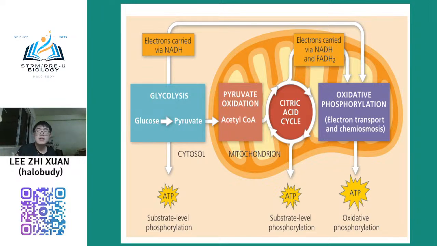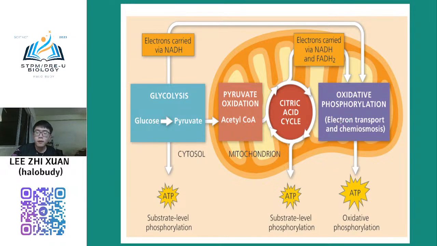They are already in the reduced form. This electron will be very important in electron transport chain. So that is why it is known as electron transport chain. Dia akan involve electron punya.